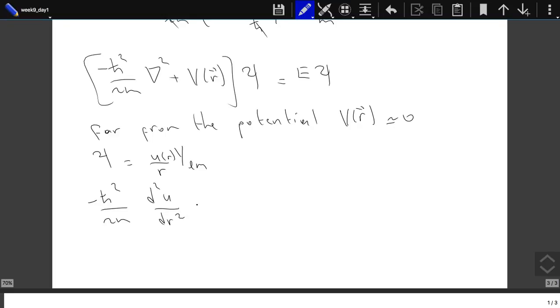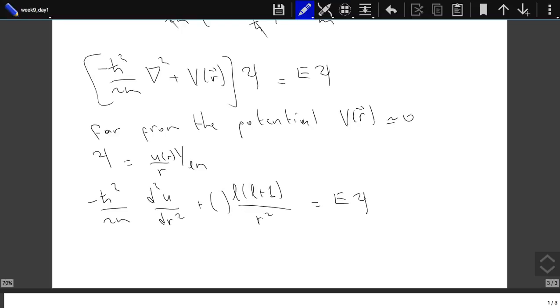This should be equal to, well, we can also add the, let's look at l equal to 0 first. It will be simple. Well, in fact, we can even keep the l term. Plus l times l plus 1 over r squared with some coefficients that depend on h bar squared and 2m, etc. This should be equal to E times psi.